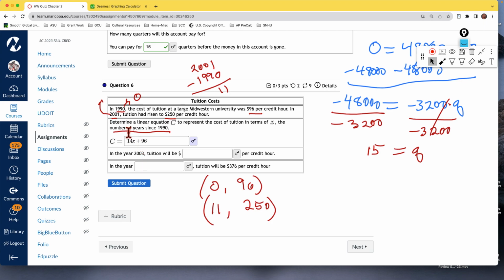So 2003 would be year what? 13, good. Because 1990 to 2003. So what we do is we plug in 13 into this equation. So that's 14 times 13 plus 96.